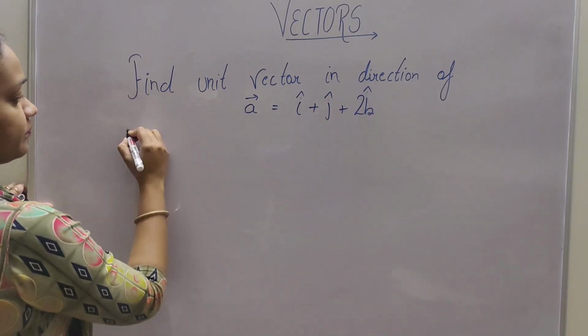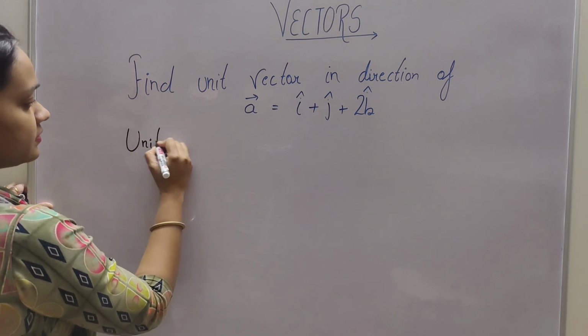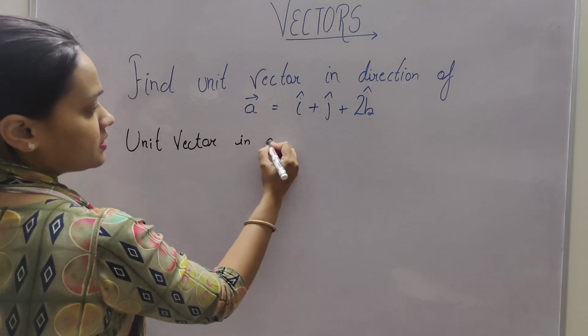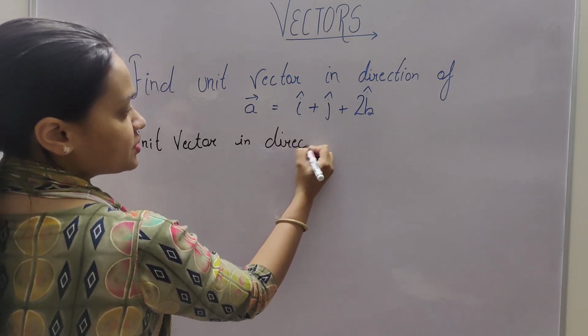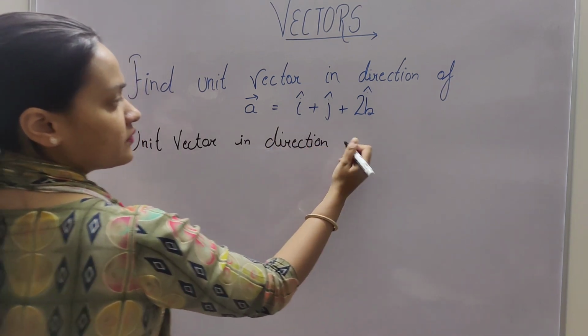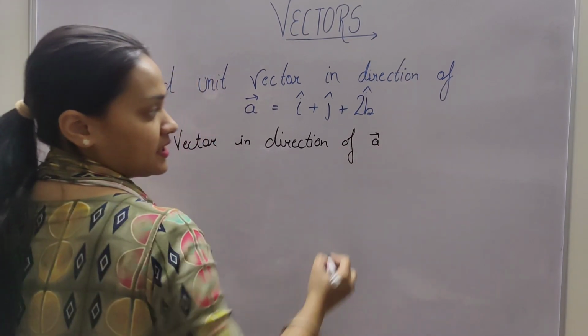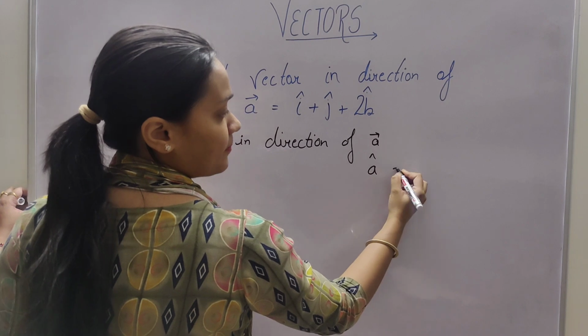So, firstly, the unit vector in direction of A vector is written as A cap.